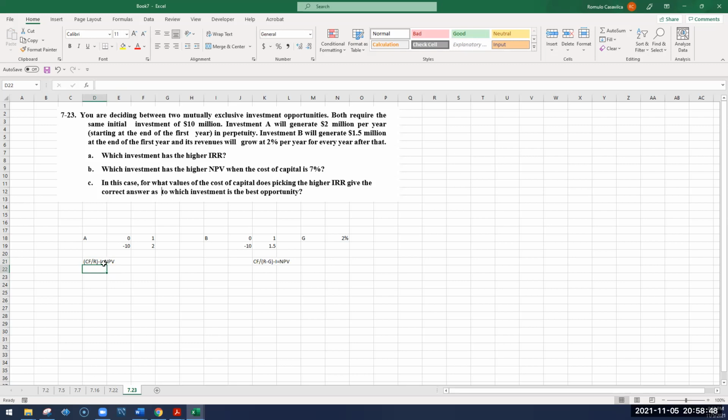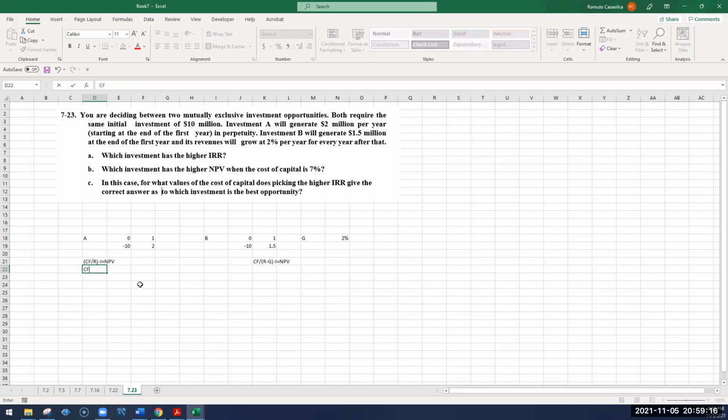Remember this rule: when NPV is 0, the IRR, the internal rate, is equal to the cost of capital. So this is R or cost of capital, the same number. So I have to apply this formula and solve for R.